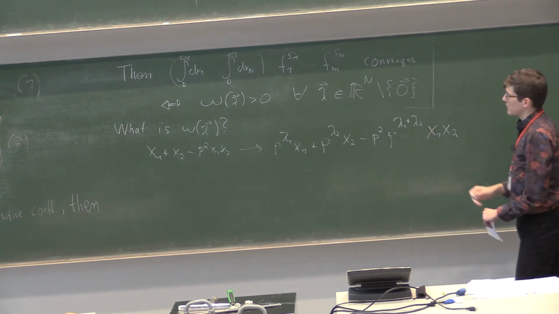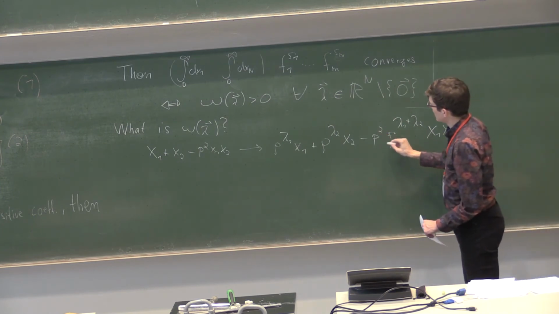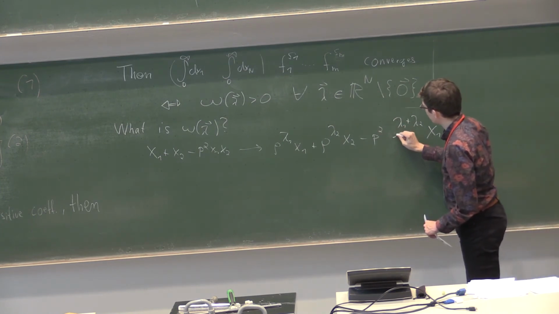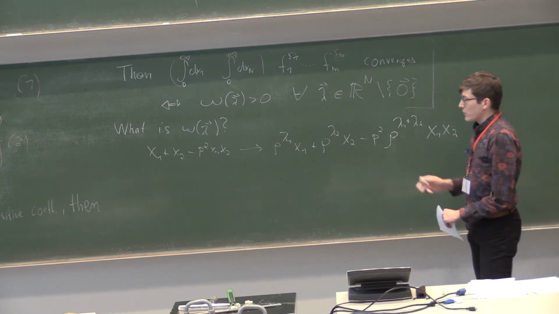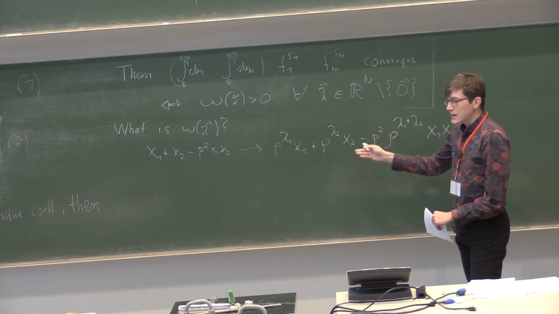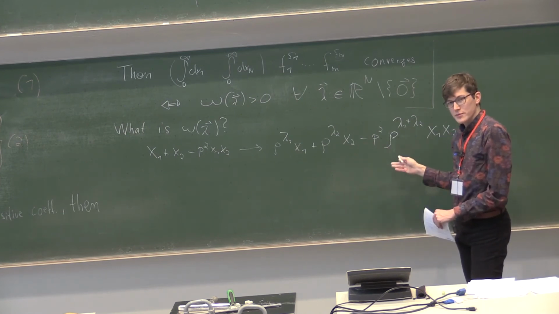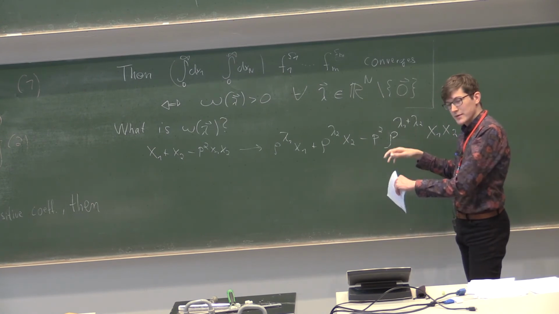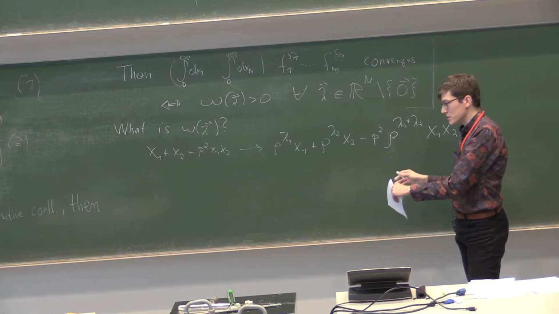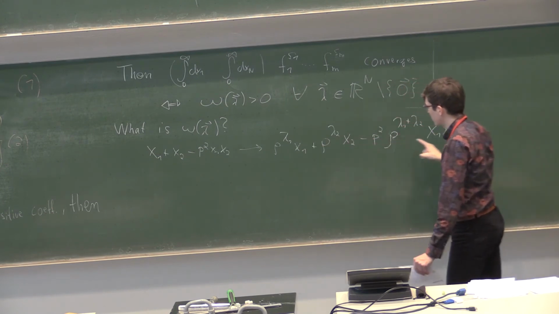This is just what happens for an arbitrary scaling. So sorry, this is P, and this is rho. And then what matters is the leading degree, so the smallest power of rho. All the higher powers of rho will be vanishingly small in the limit when rho goes to 0.